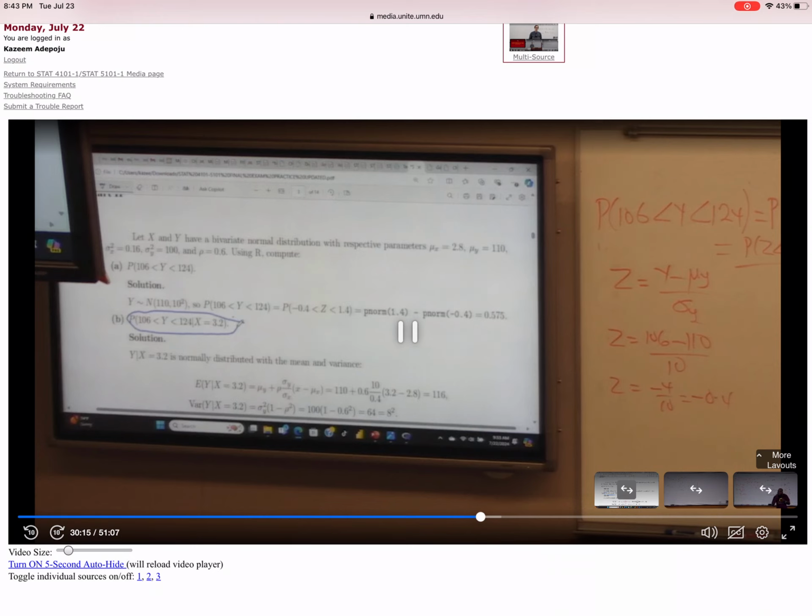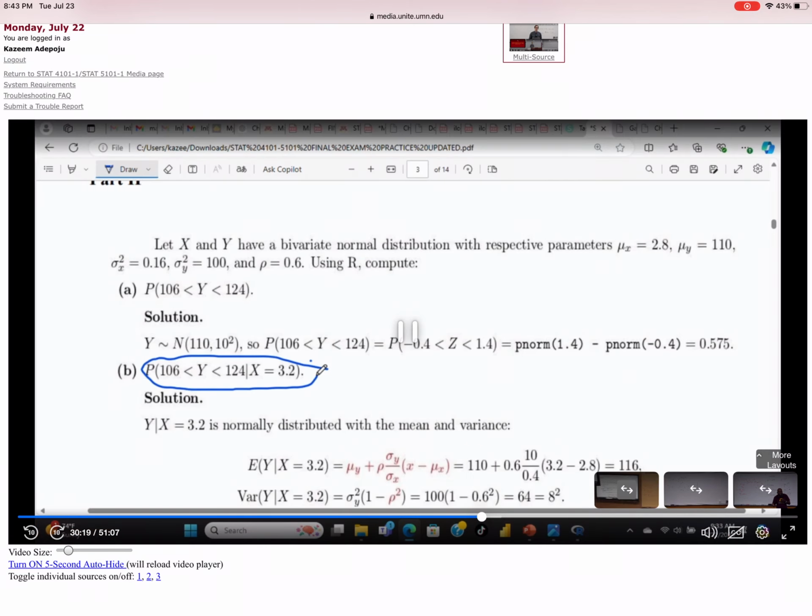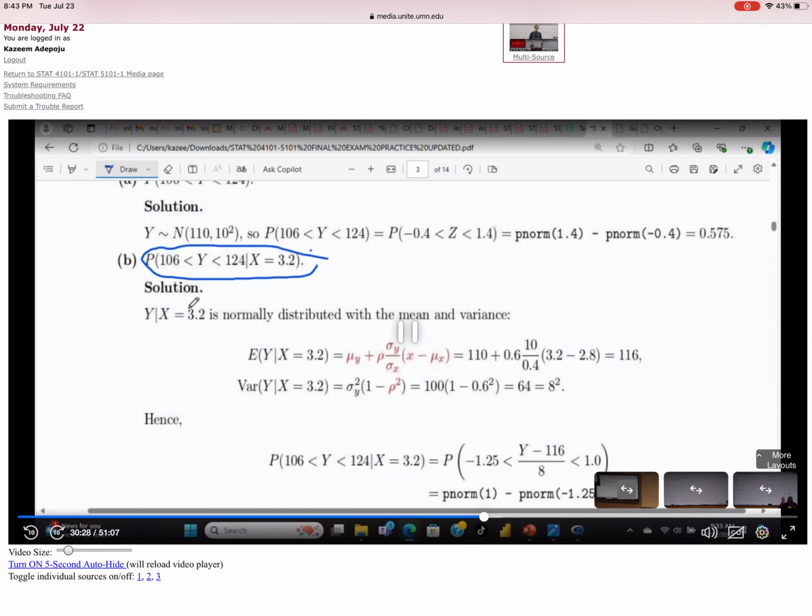I'm going to have a conditional mean, and I'm also going to have a conditional variance. Take a look at this now. This is now a random variable. But the one we did before was just y. That's a random variable. But right now, y given x equal to 3.2 is a random variable.